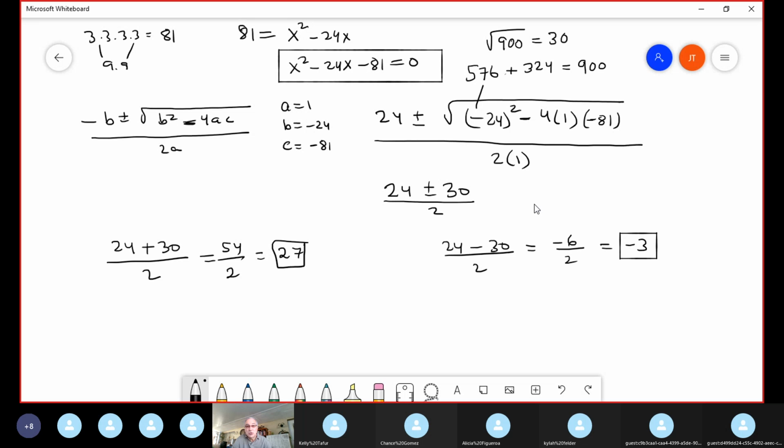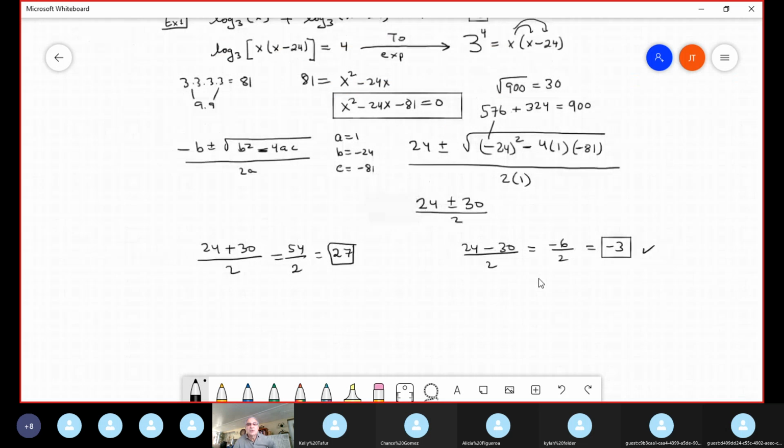However, the logarithmic function is very, very picky and accepts only positive numbers. Negative numbers, no. And 0, no. Because the logarithm of 0 is undefined and the logarithm of a negative number is undefined. So I have a doubt about this solution, so I need to check it, mandatory, checking both, just in case.